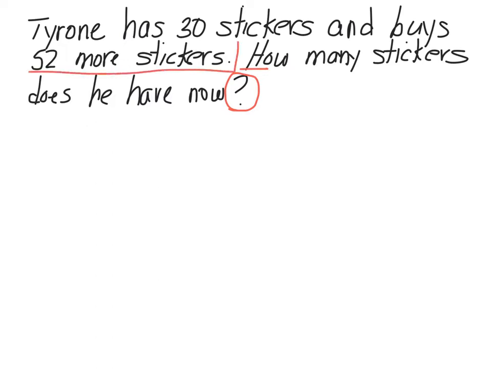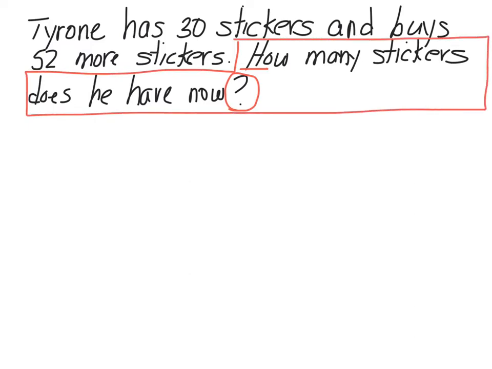Now, let's reread this question so that we are sure we know what we are trying to solve. The question reads, how many stickers does he have now? So we need to figure out how many stickers Tyrone has all together.